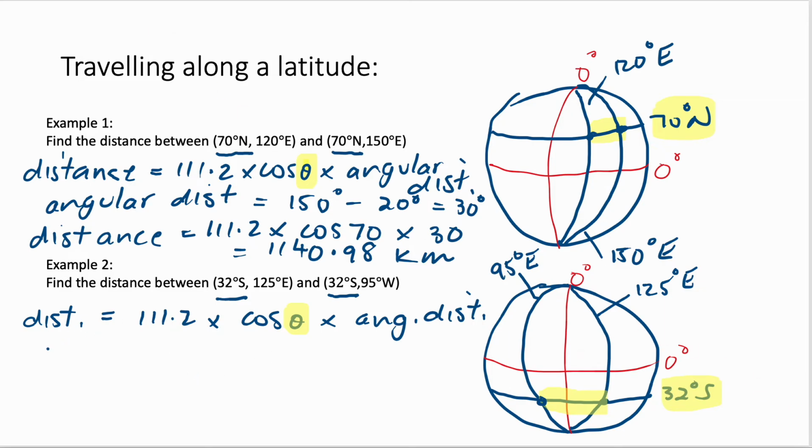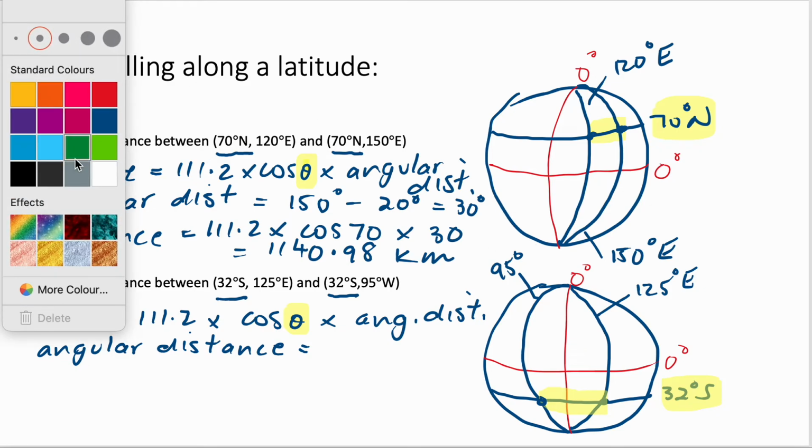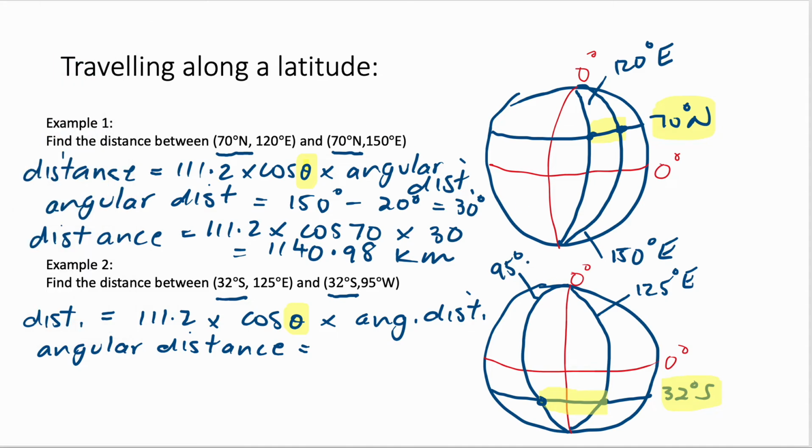First we need to do the angular distance. Notice this time we have crossed the prime meridian, gone from east to west. I just noticed I put an E up here instead of a W for west, so I'll fix that up.